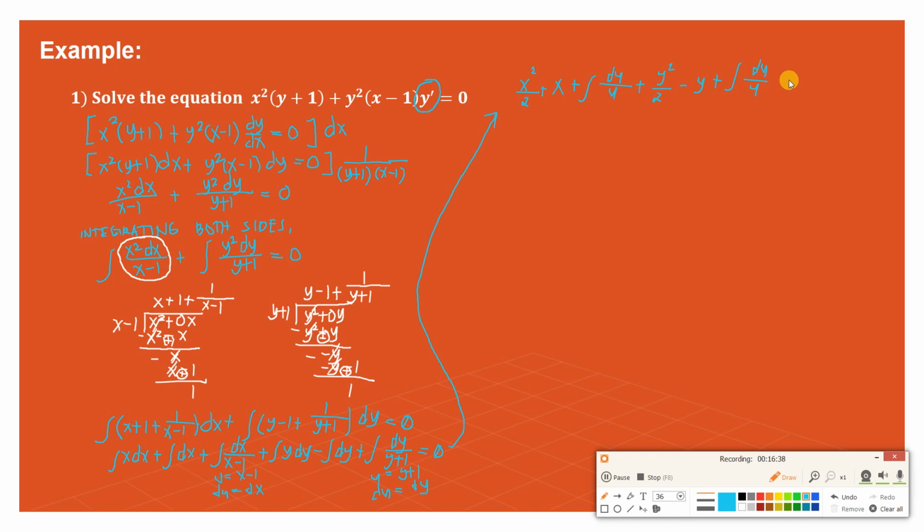u equals 0. So we have x squared over 2 plus x plus ln of absolute value of u, where u is x minus 1, plus y squared over 2 minus y, plus we have ln absolute value of y plus 1.